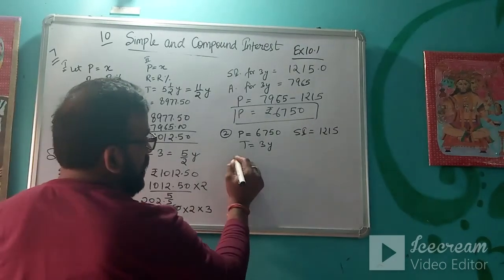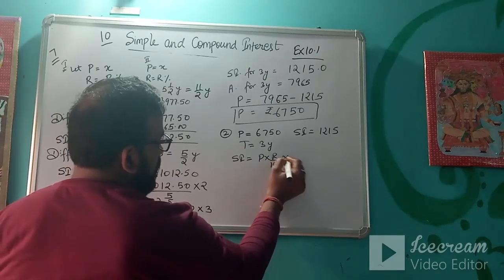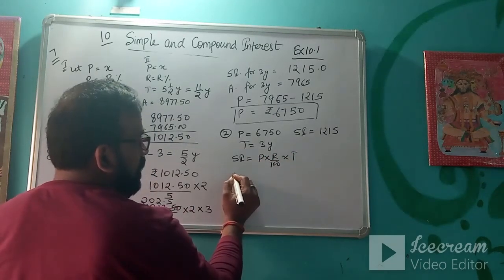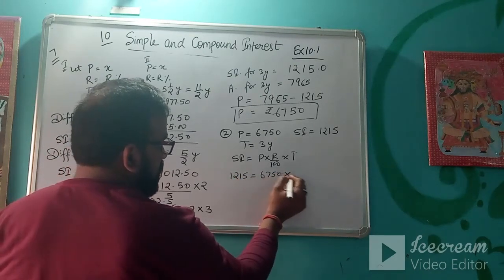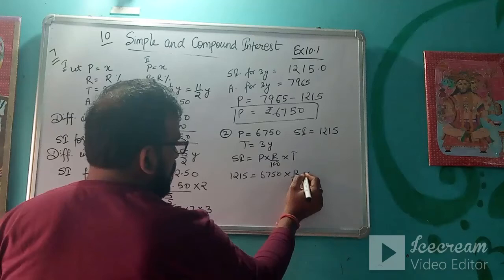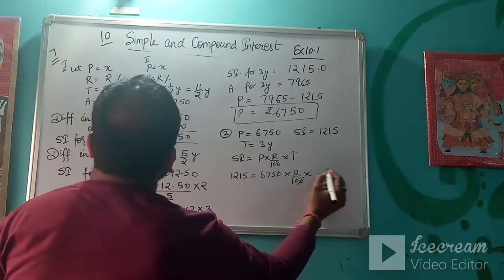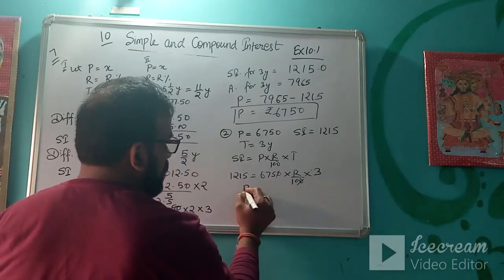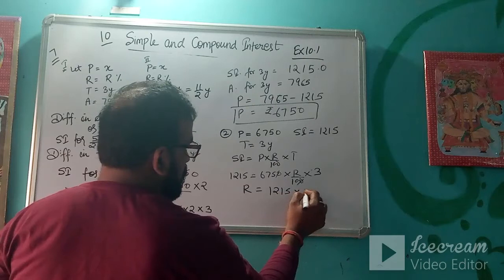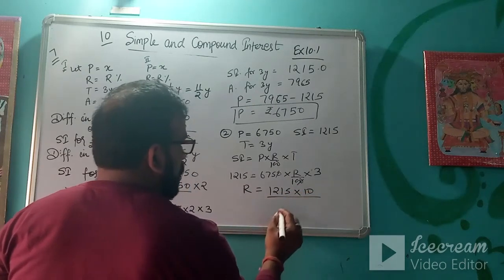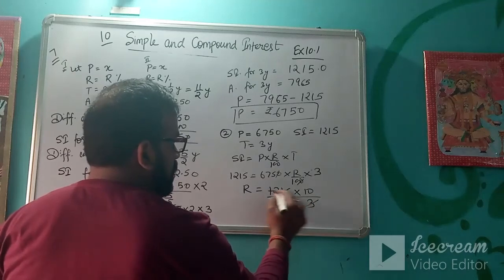So next we will calculate by the formula SI = P into R upon 100 into T. So principal 6750 into R upon 100 into time. So time is 3 years. So what is my R? R will be 1215 into 100 upon 6750 into 3.